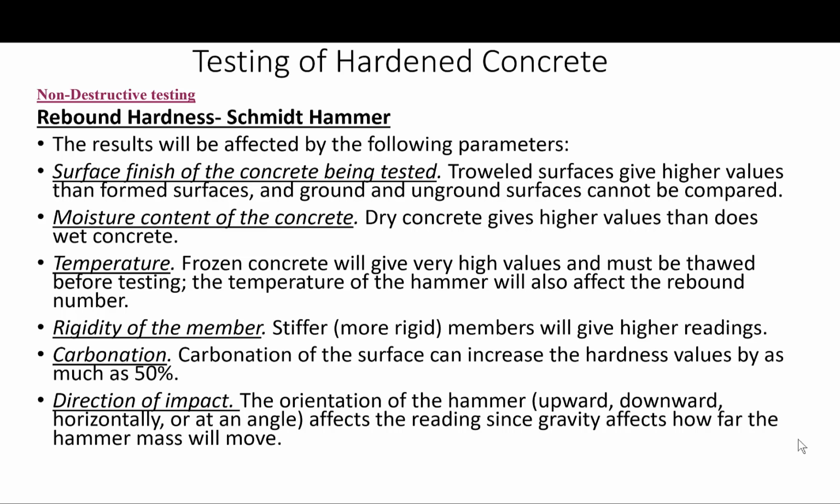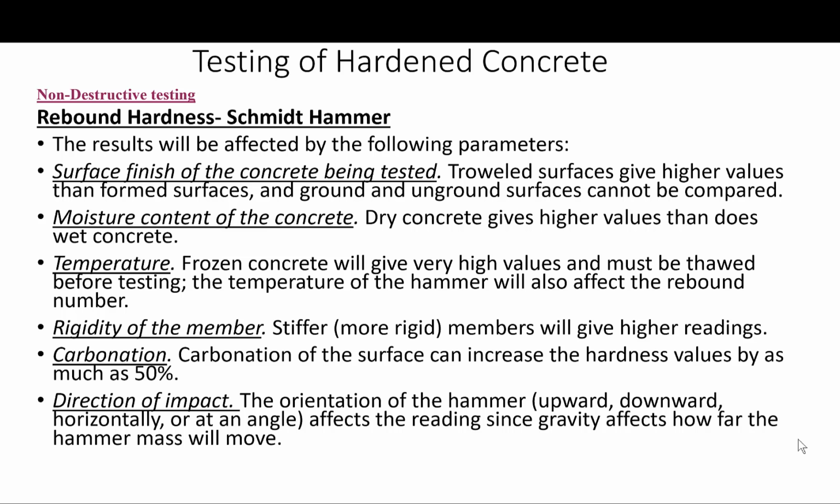The rigidity of the member: stiffer or more rigid members will give higher readings. Carbonation: if the concrete has been subject to carbonation, carbonation on the surface can increase the hardness values by as much as 50%. The direction of impact: the orientation of the hammer, upward, downward, horizontally, or at an angle, all affect the reading, since gravity affects how far the hammer mass will move.